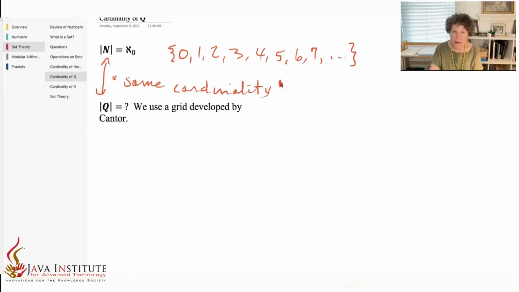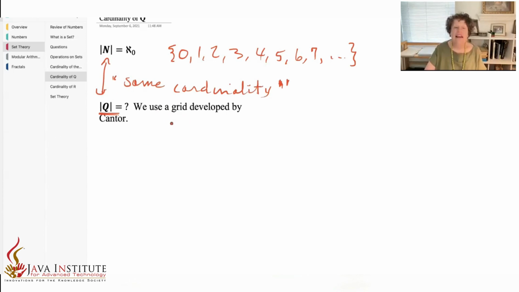But if you think about it, there's way more rational numbers than natural numbers. But we saw that with Galileo: just because we can find more things there doesn't mean we can't find a pattern.